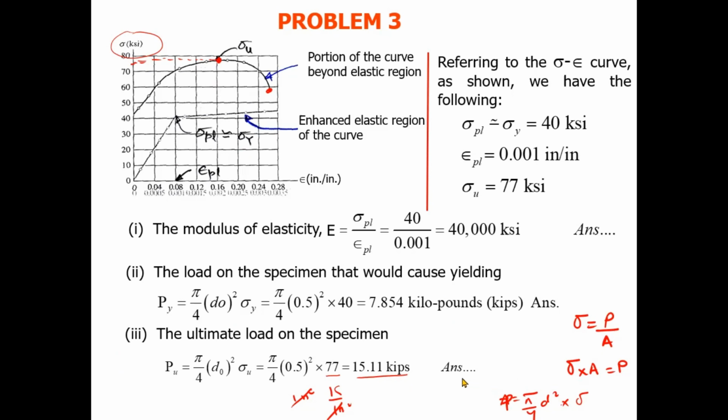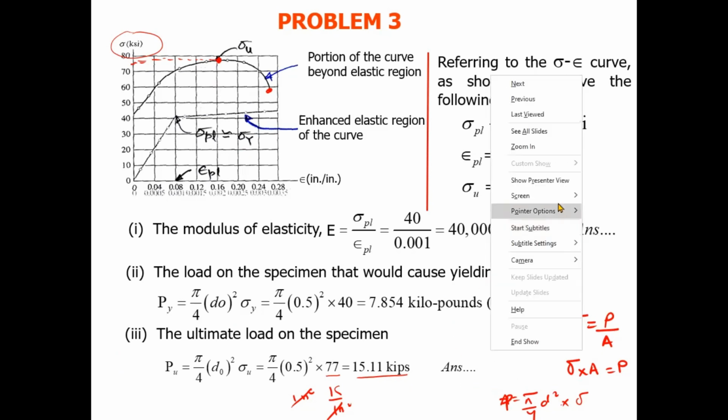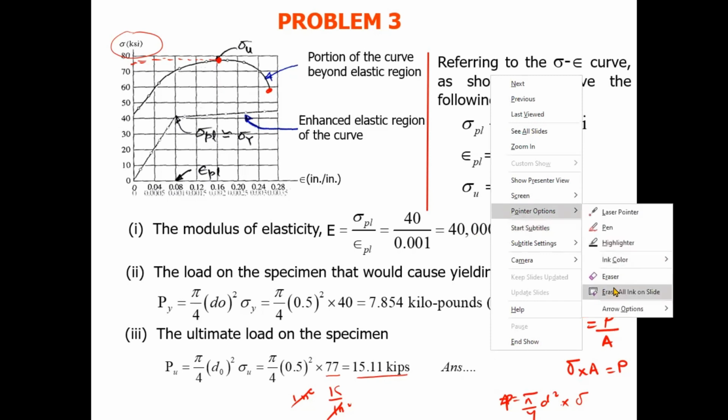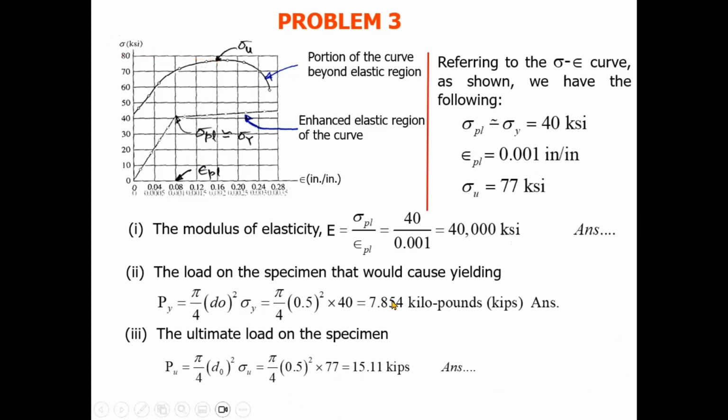So three things were required. First, E, the modulus of elasticity. We calculated it using the modulus of elasticity equation, stress over strain, in which we determined the proportional limit stress divided by proportional strain. Here we can also list what things are required and what things are given.